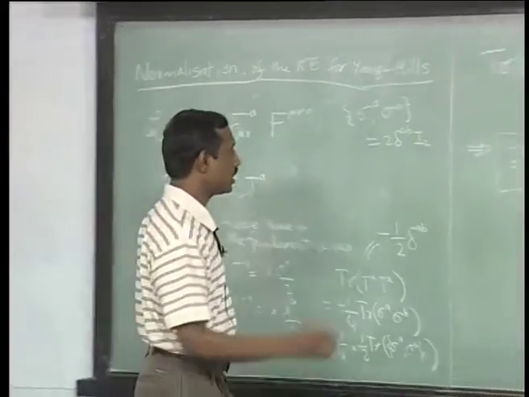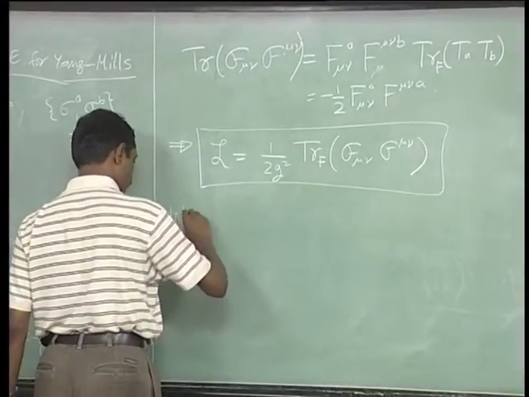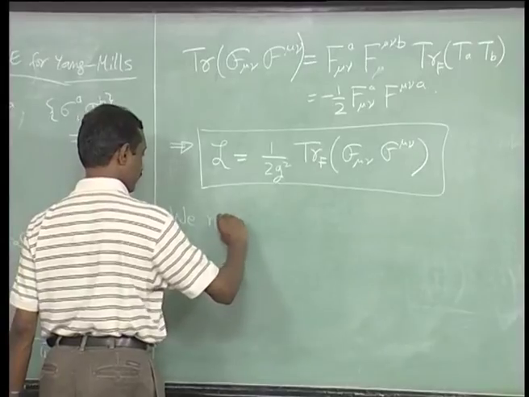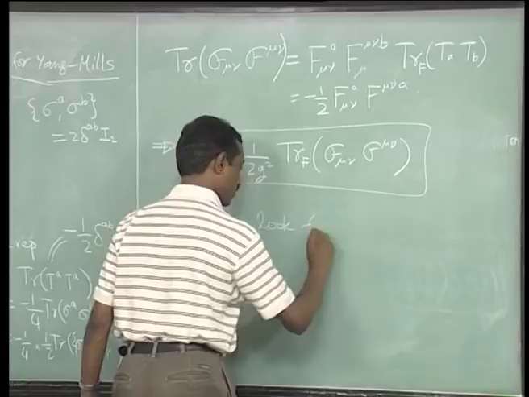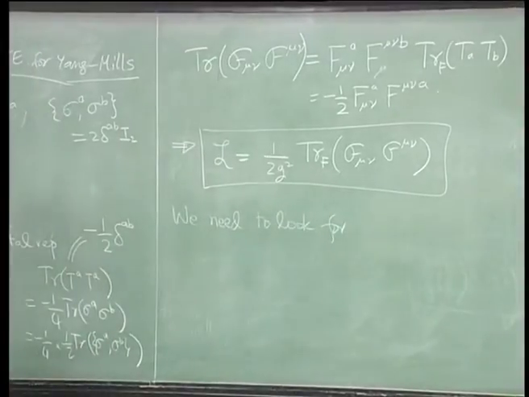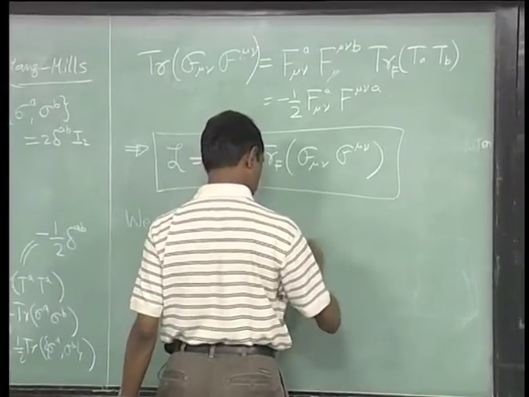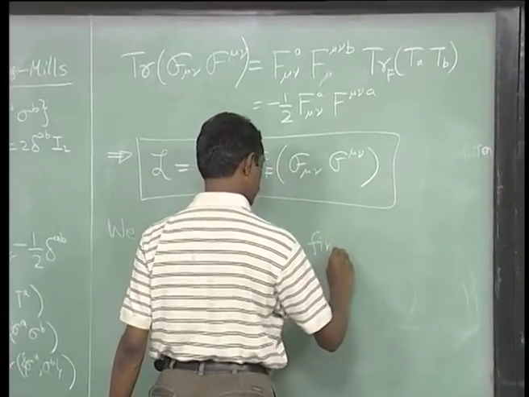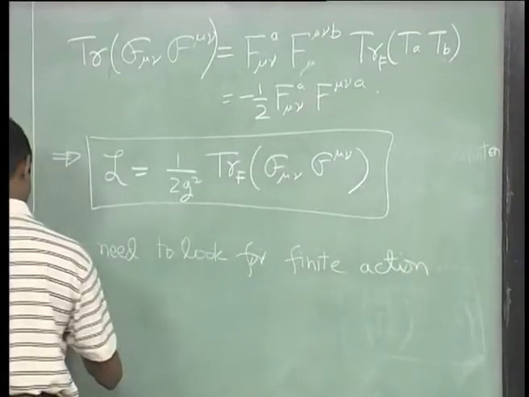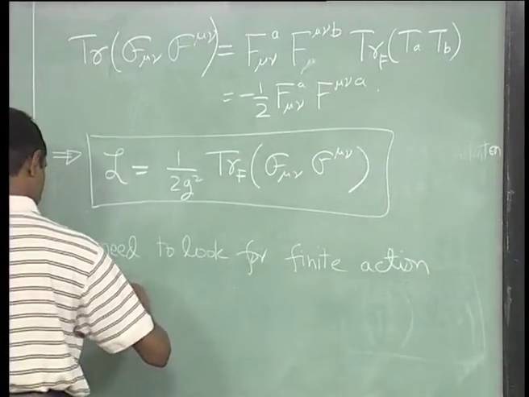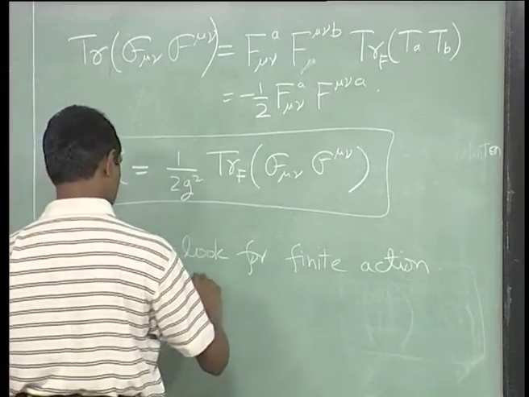So now the idea is that we need to look for Euclidean finite action solutions in the Euclidean version of the theory.